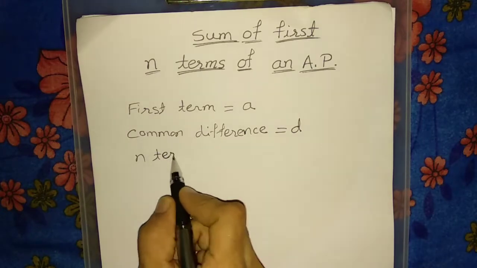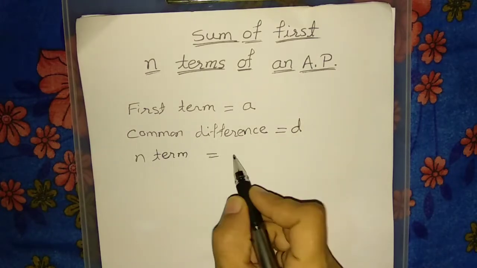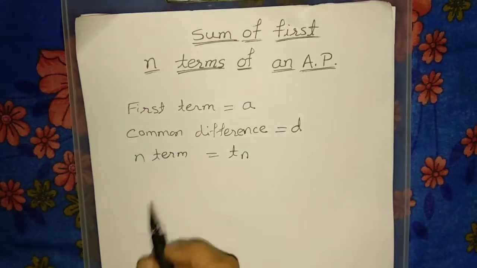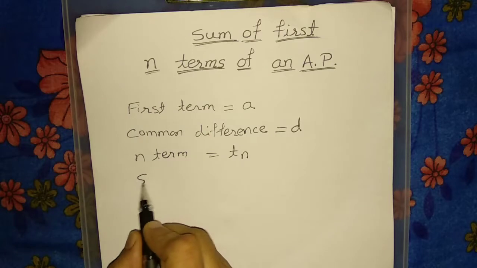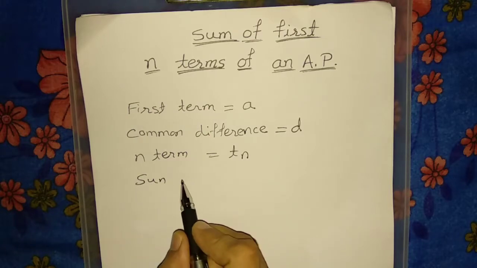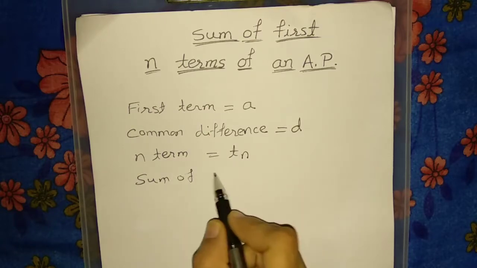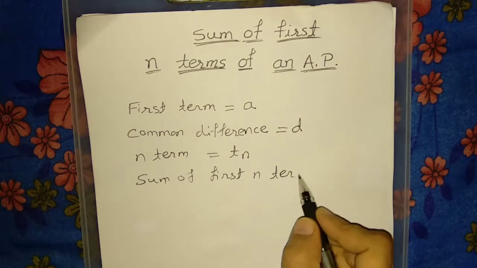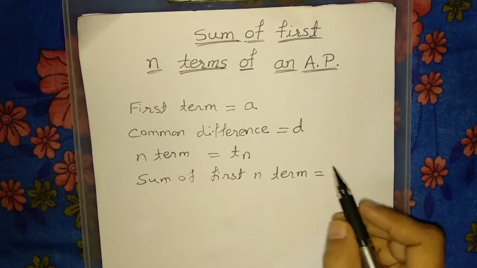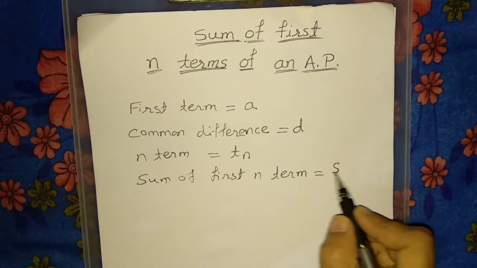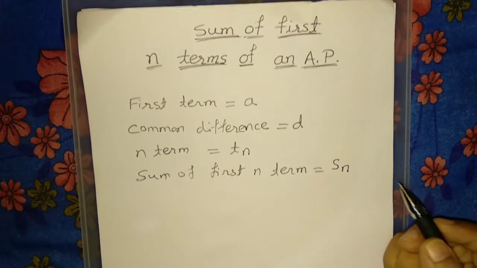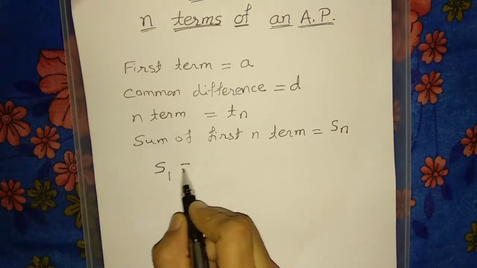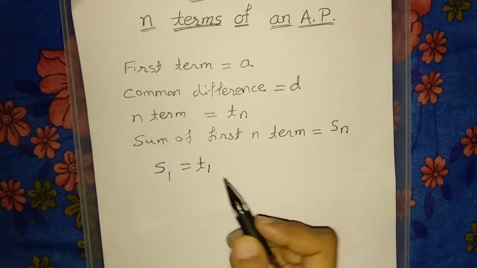Nth term is written as Tn, and sum of the first n terms is written as Sn. Therefore, S1 is equal to T1.